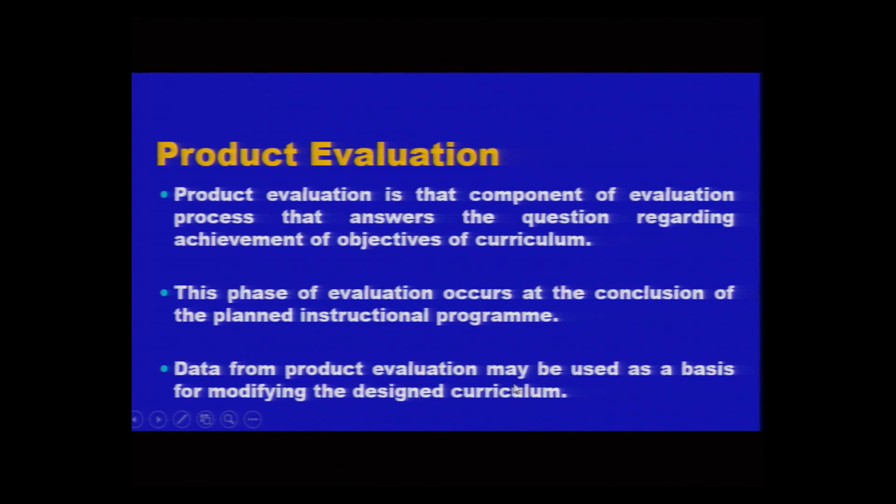So data from product evaluation may be used as a basis for modifying the design of the curriculum. After this product evaluation, we will be deciding whether the existing curriculum must be changed or will not be changed or will be changed after some time.